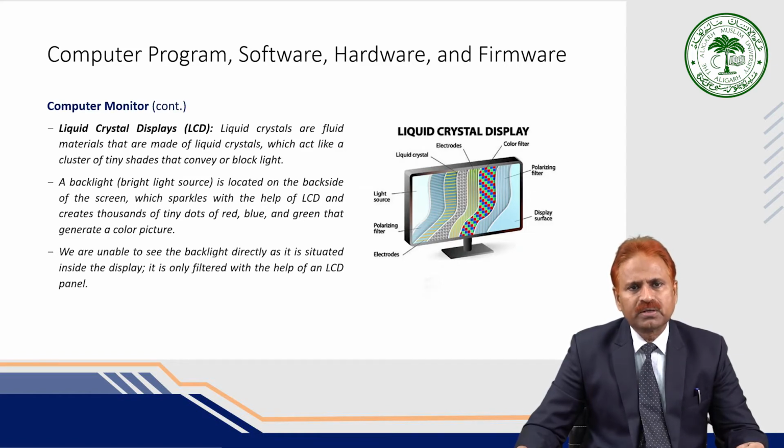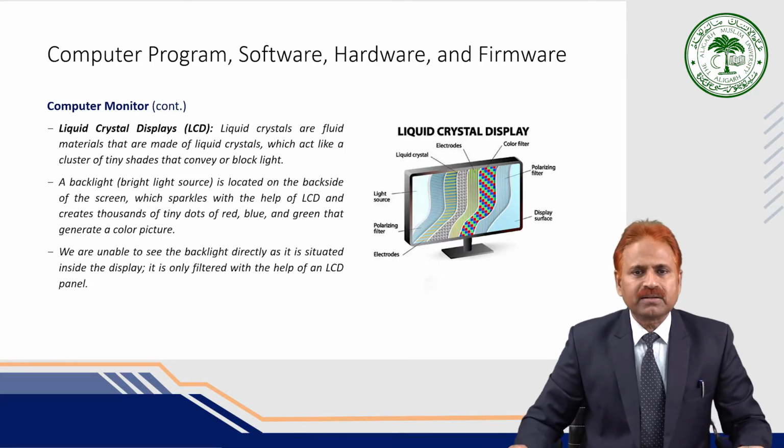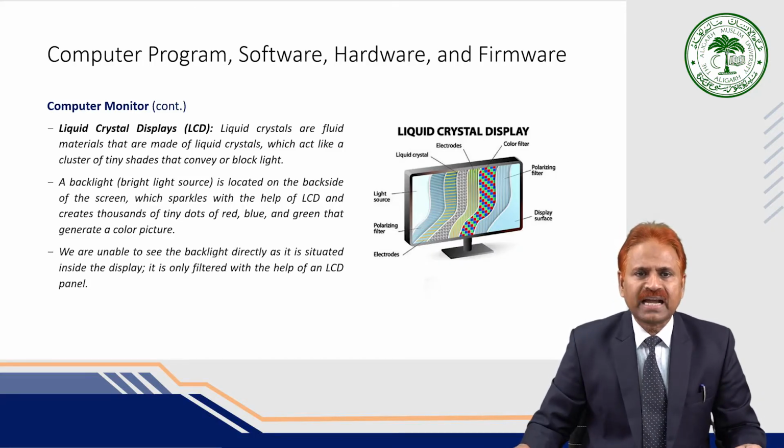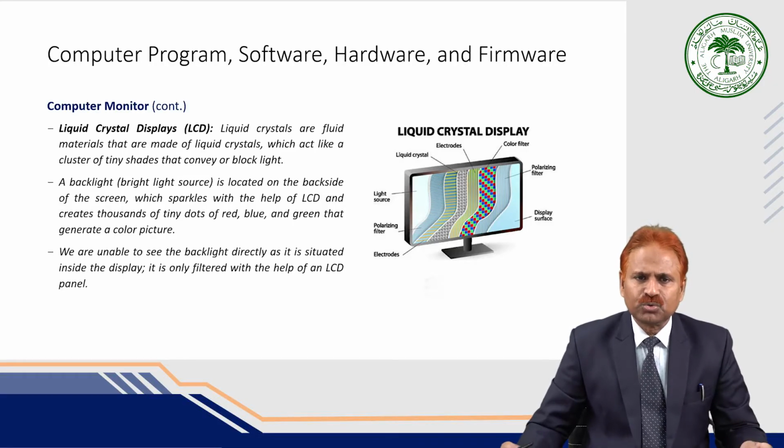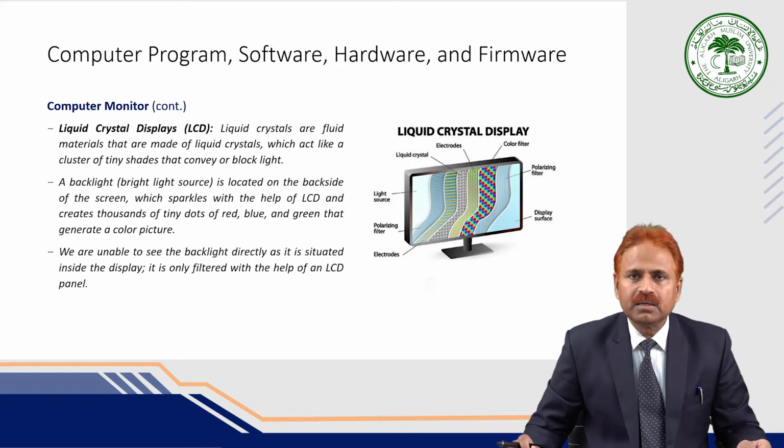So first is liquid crystal display, which is simply known as LCD. Liquid crystals are a fluid material which act like a cluster of tiny shades that convey or block light. A backlight, or bright light source, is located on the backside of the screen, and with the help of the LCD creates thousands of tiny dots of RGB, red, green and blue, that generate a color picture.